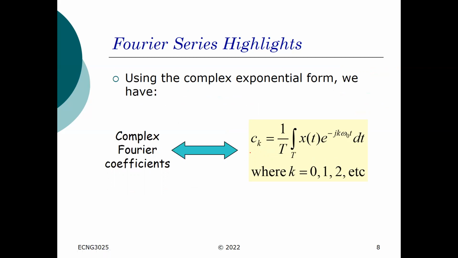K equal to naught, in other words, C naught, was the DC component. K equal to 1, or in theory plus or minus 1, was the first harmonic component, or the fundamental. And then K equal to 2 was the first harmonic.